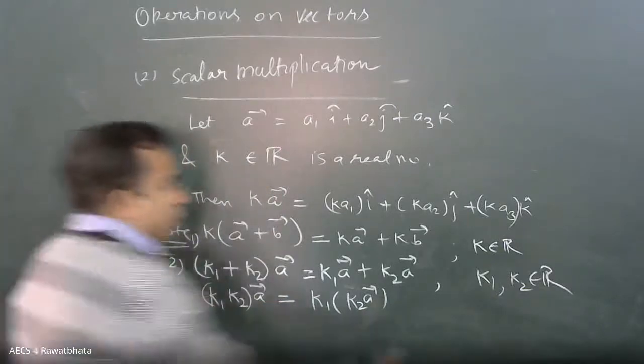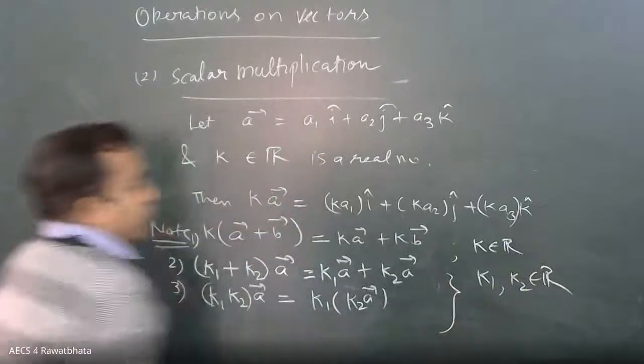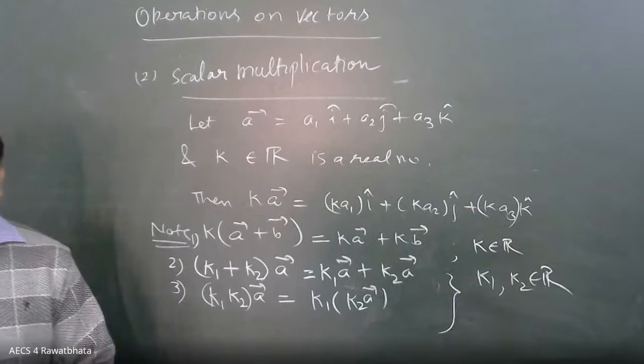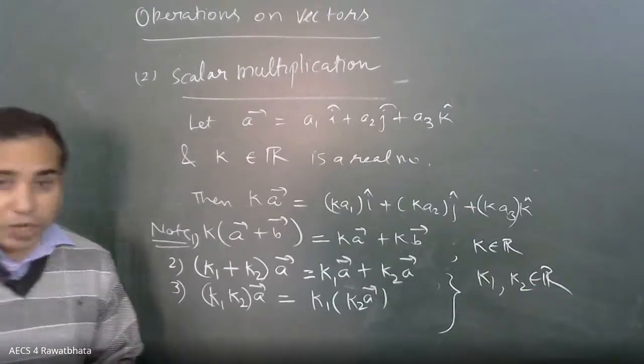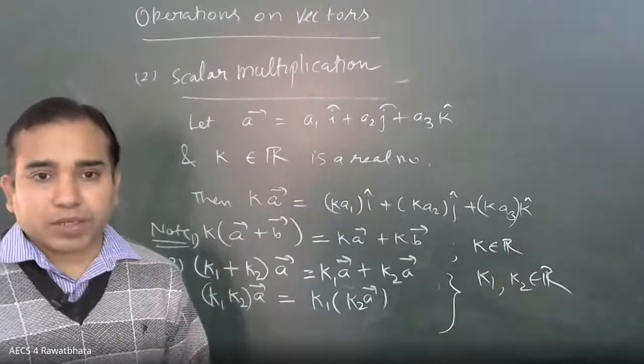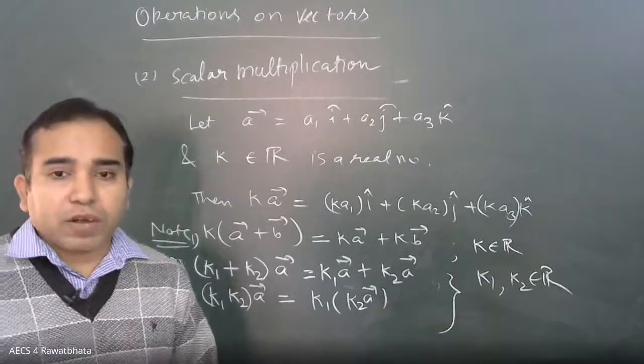That also quite true. Both are same. So these are the properties of scalar multiplication. The next operation is product of two vectors. That contains more stuff. We'll discuss on next time.